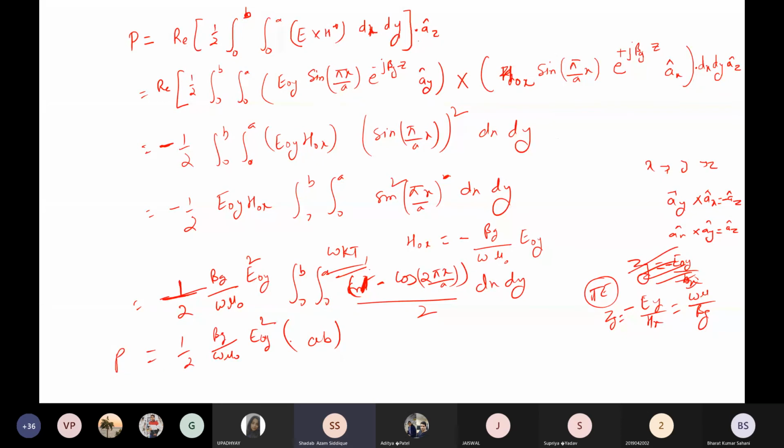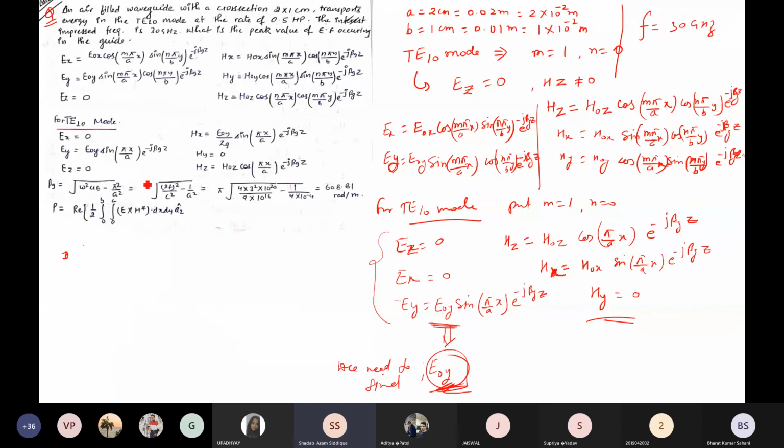And from this power we will be able to find out what is the power we have, and beta g can be found out from that equation which we had: beta g square is equal to omega square mu epsilon minus kc square.